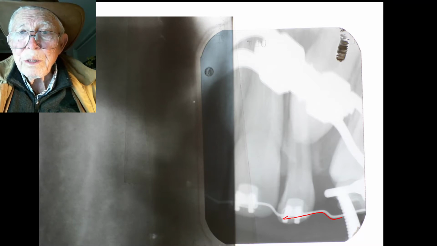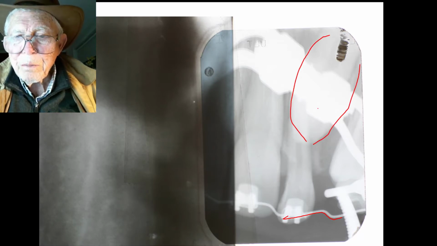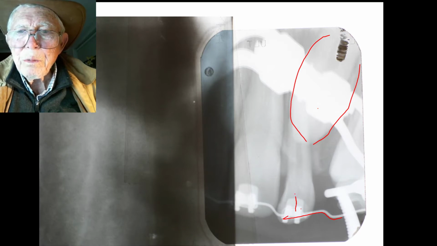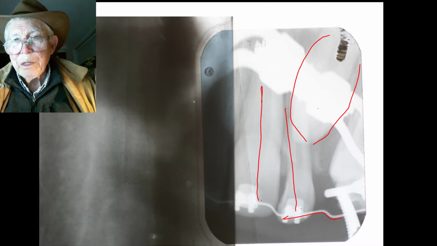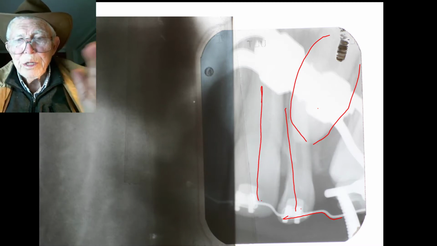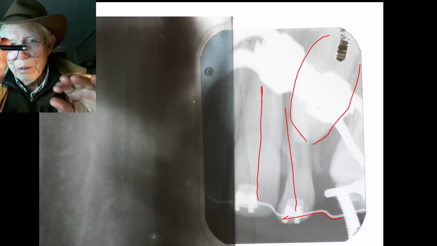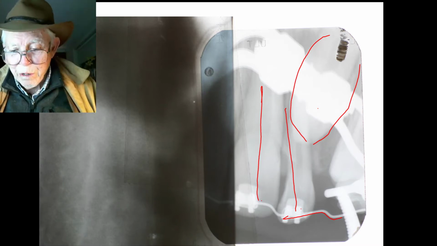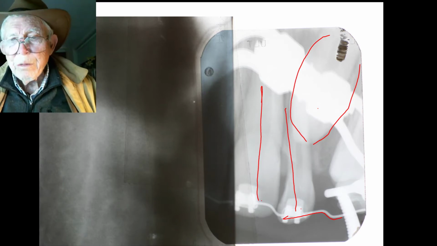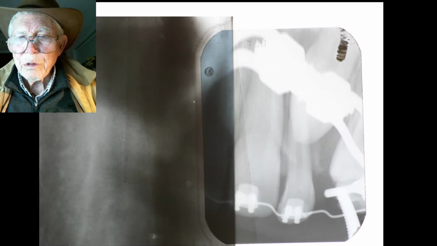And here's the cuspid coming down in this area, and this tip is tending to bring a lateral root over here, and also to bring a central root that way, so we can group these roots and move them where we want to by learning how to put tip and torque into these arch wires that we put in there. You can make the tooth do just most anything you want it to do.